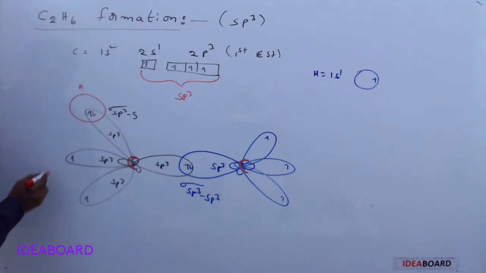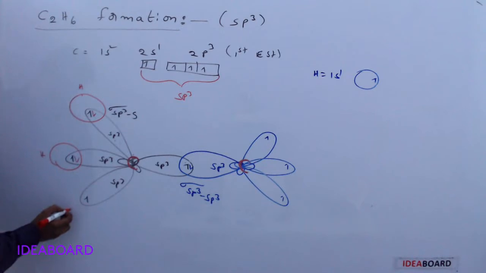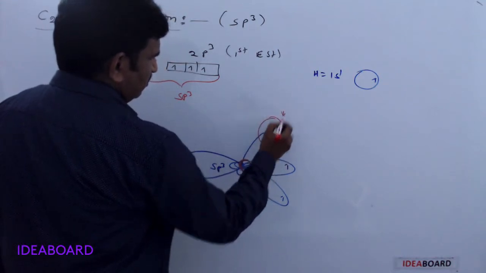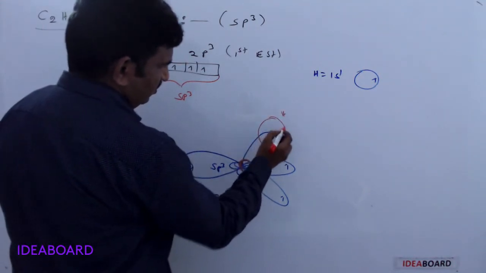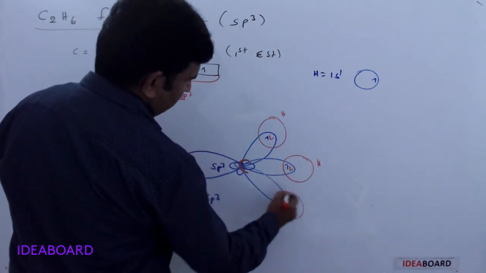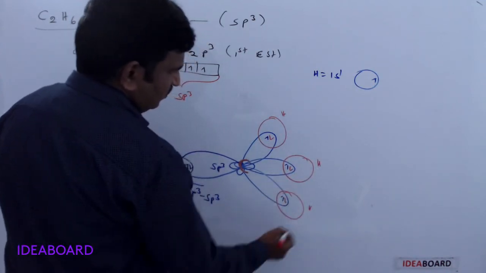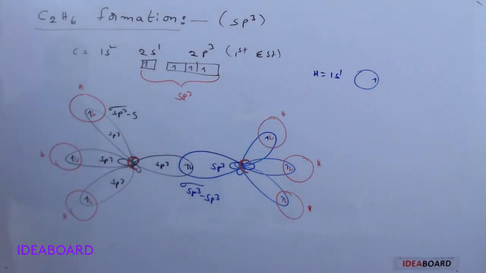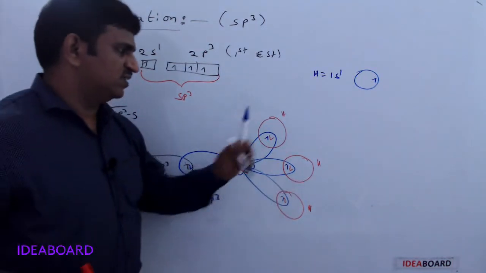Similarly, another hybrid orbital is forming another sigma bond with hydrogen. Okay, this is another hydrogen, and next this is another hydrogen. So this is a sigma bond, and here also a sigma bond, here also a sigma bond. So how many sigma sp3-s bonds are we having? 1, 2, 3, 4, 5, 6.